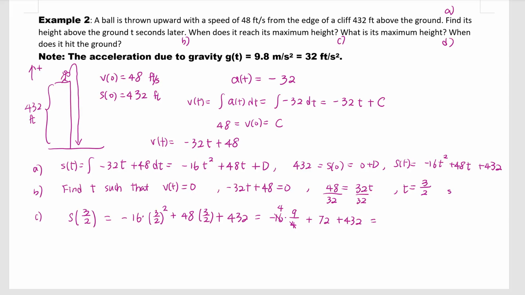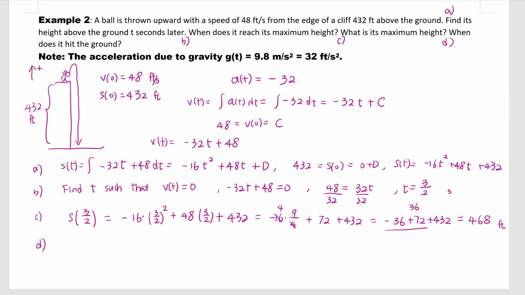You know, 72 is like 2 copies of 36, so 72 minus 36, you get 36. Then 36 plus 432 is 468 feet. So far, so good. So this is the maximum height.